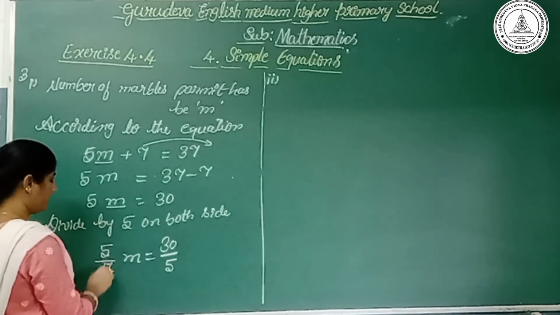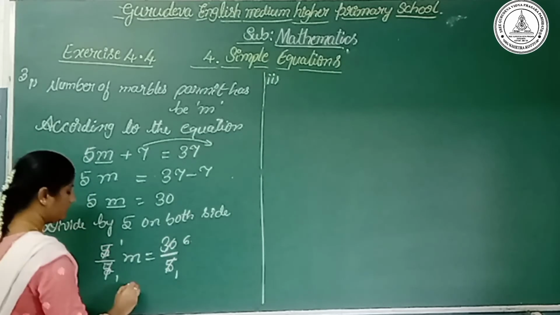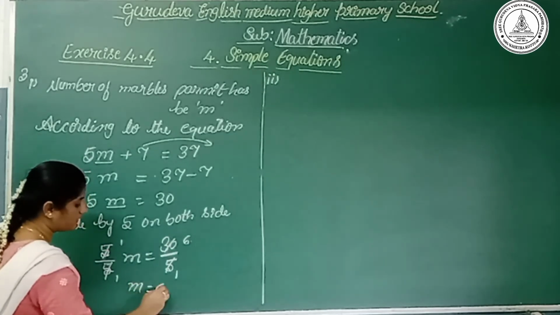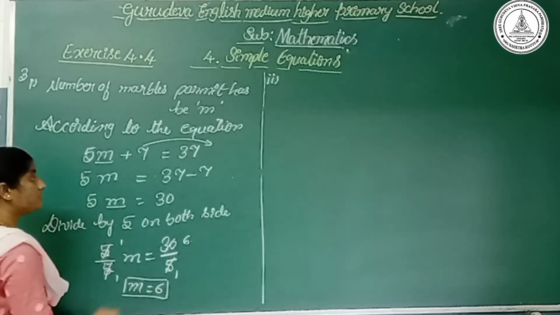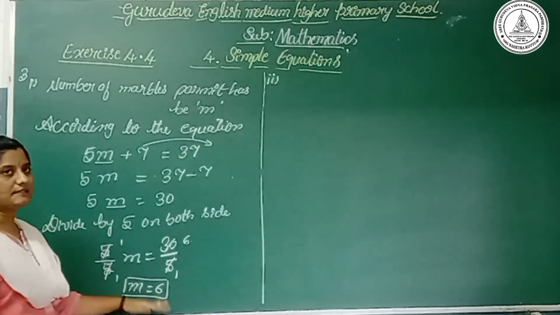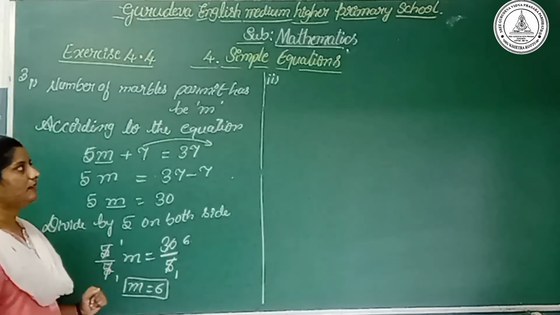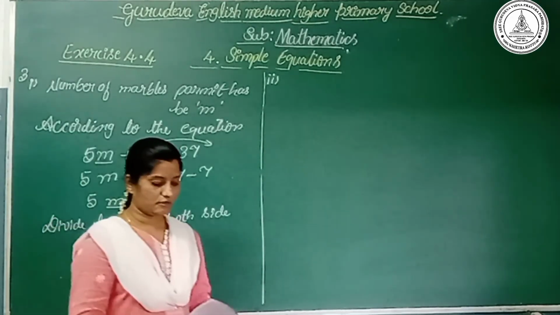So you will simplify here. 5 ones are 5, and 5 sixes are 30. Therefore, the value of m is equal to 6. That means the number of marbles Permit has is equal to 6 marbles. So at last you write down the therefore. Okay. Then let's move on to the second question.